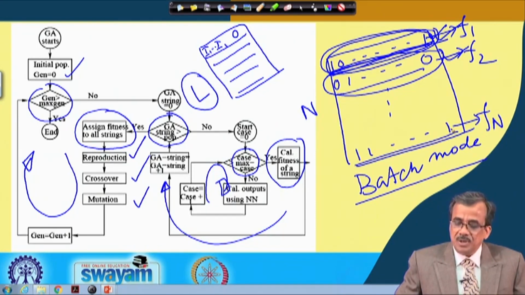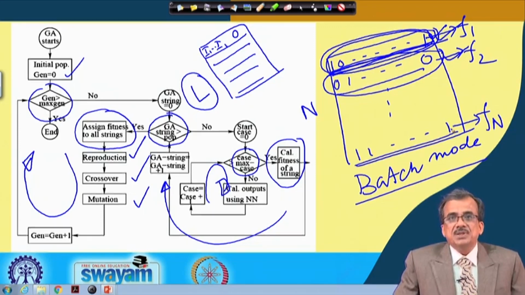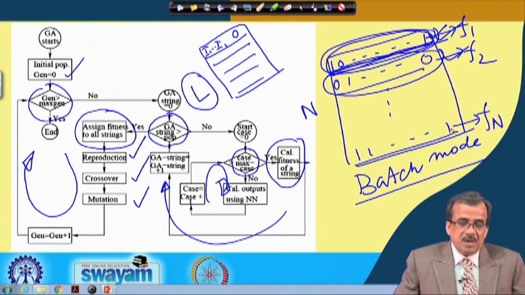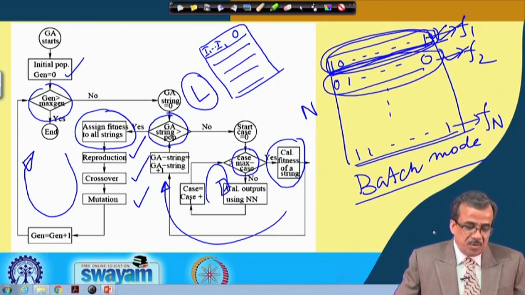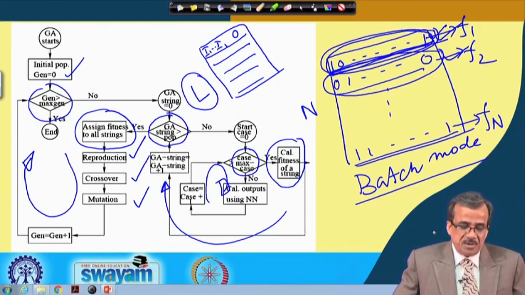And as I told, there is a possibility that you will be getting multiple solutions, that means multiple optimal neural networks, and you can use any one out of these multiple optimal neural networks for predicting the input output relationship. Now, this is the way the genetic neural system works.